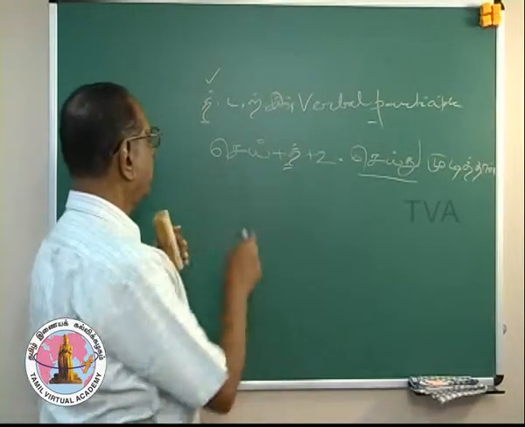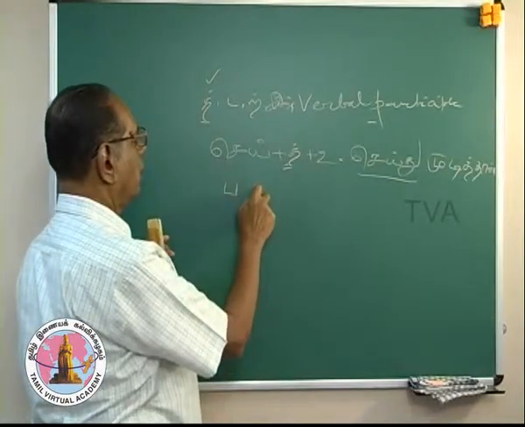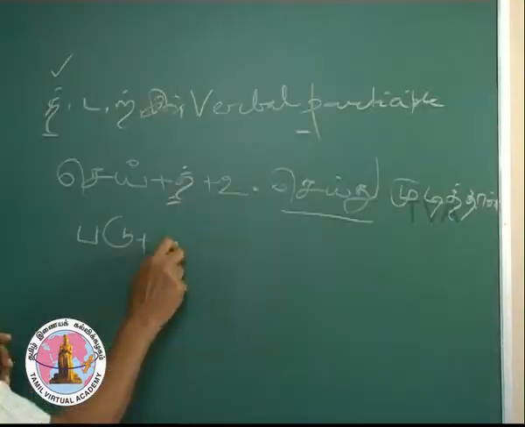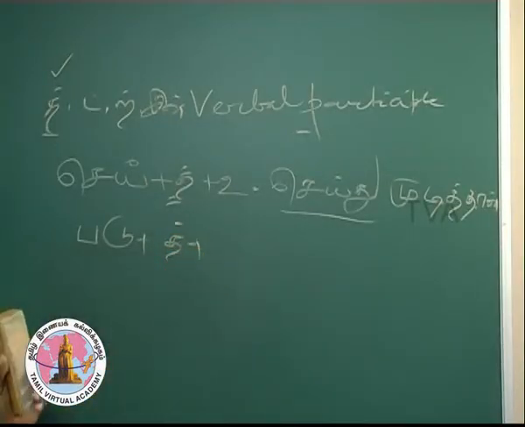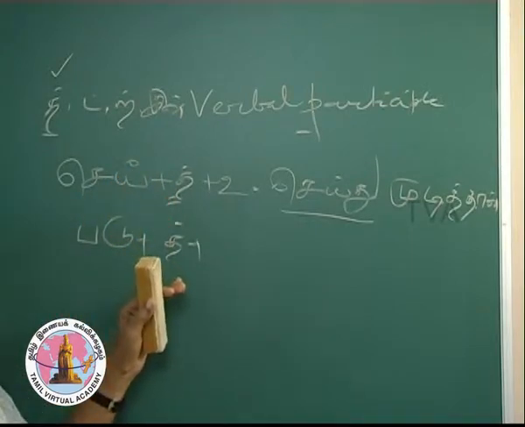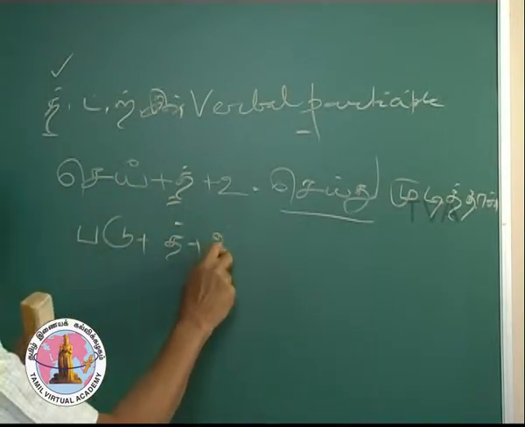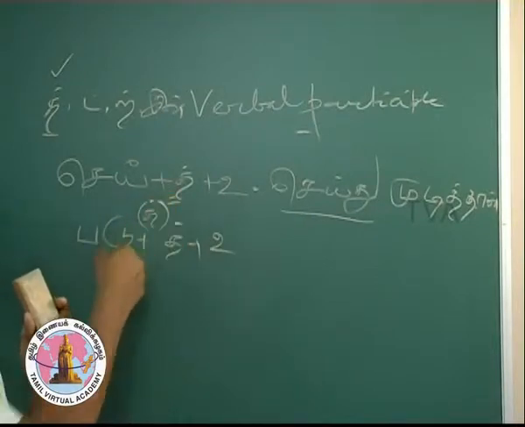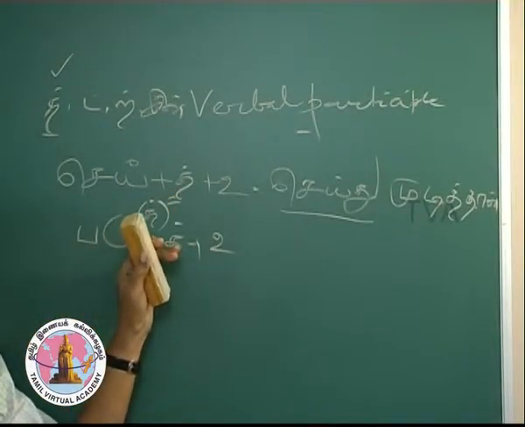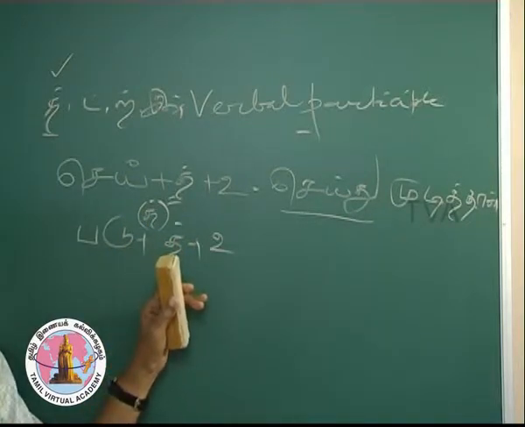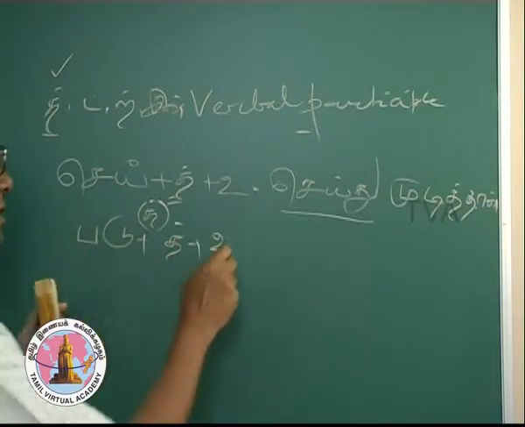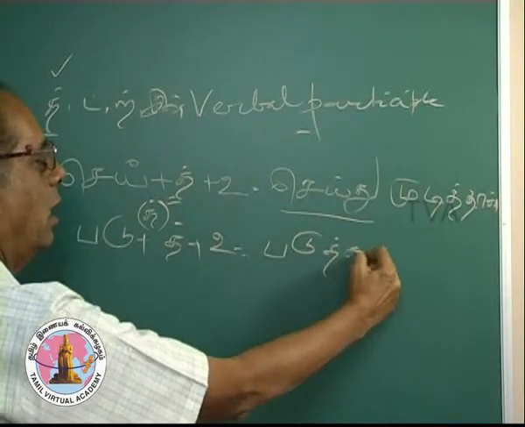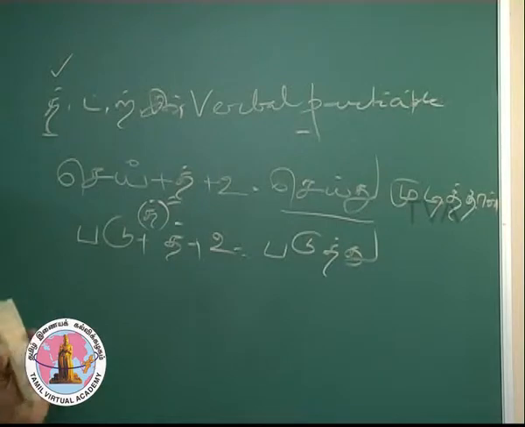You have another verb which accepts this same past tense marker but undergoes a change. It gets an additional letter, that is the tense marker is doubled. As a result, படுத்து.